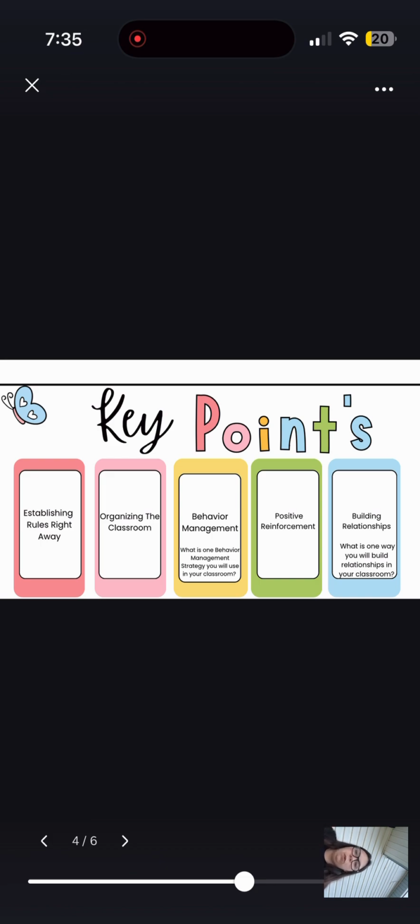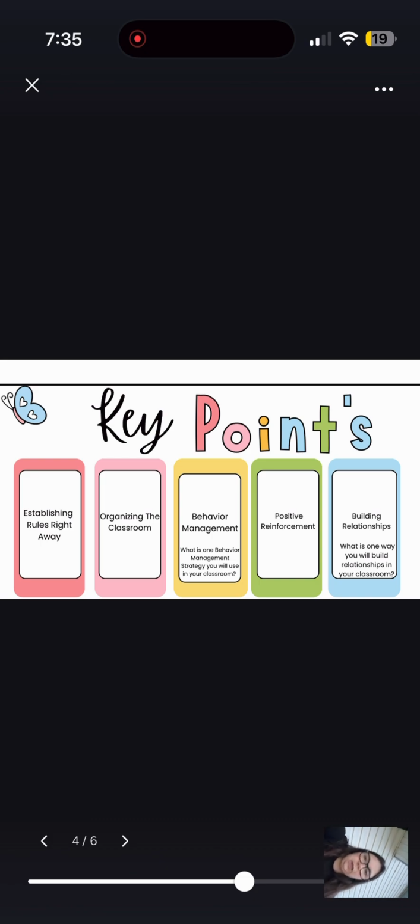They put their water bottle in the wrong spot. They throw their lunchbox in the cart. They're just doing all of the wrong things that you have taught them not to. And so behavior management, what are you going to do when that student does that? Are you going to just ignore it and walk away? No, you're going to correct it in a way that is proactive and consistent.